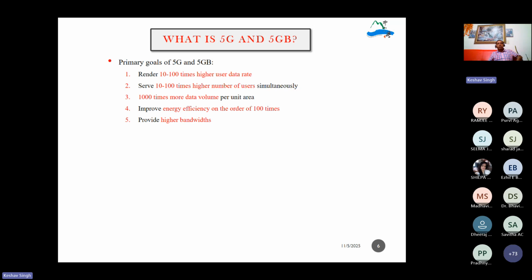Here we can expect 1000 times more data volume per unit area. And also in the next generation, we are expecting higher energy efficiency, on the order of 100 times, because we are looking for a sustainable environment, and of course to provide a higher bandwidth.